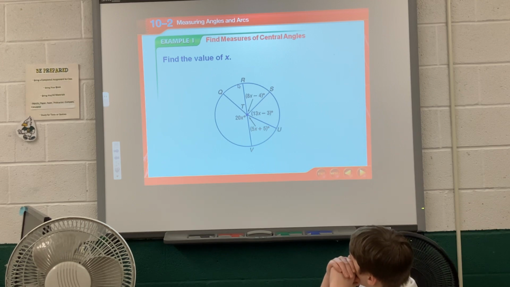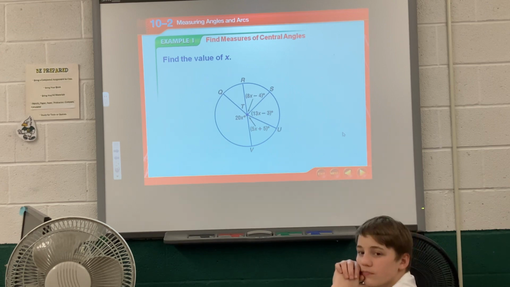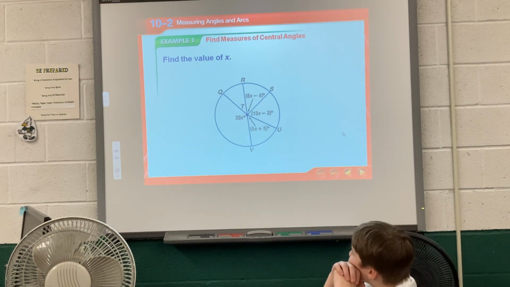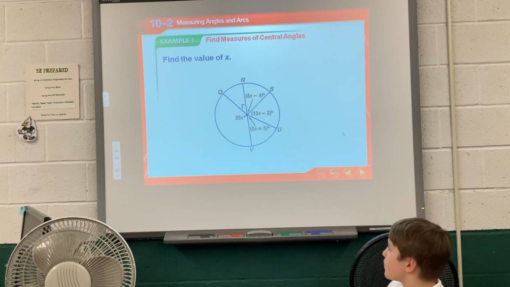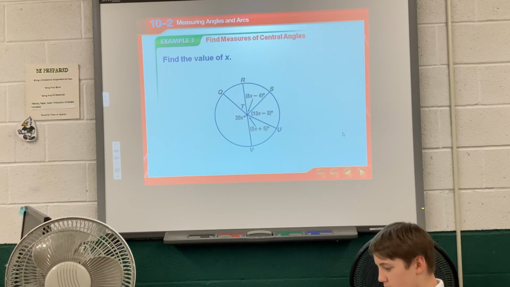So if I would say QSV, that's a major arc because I'm going around the right-hand side. So I'm starting at Q and going to QSV. But is QTV a central angle? QTV is a central angle with QV as its minor arc. Okay. Good. We're crystal now?